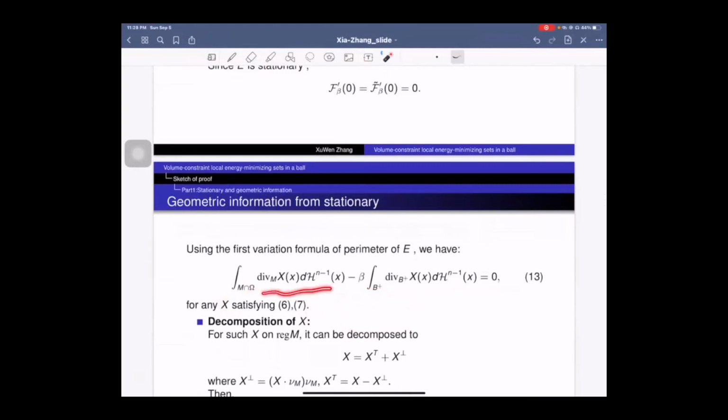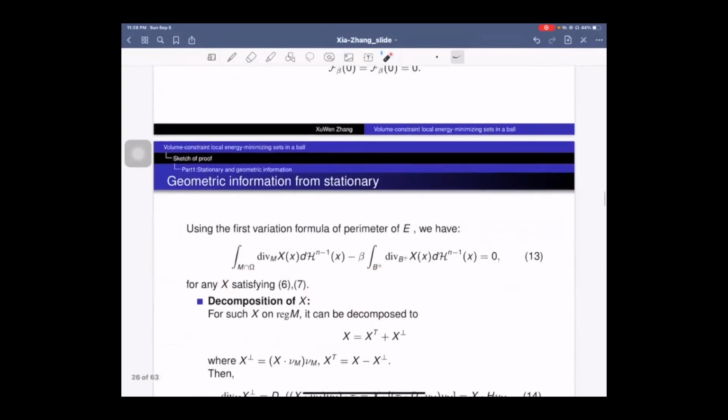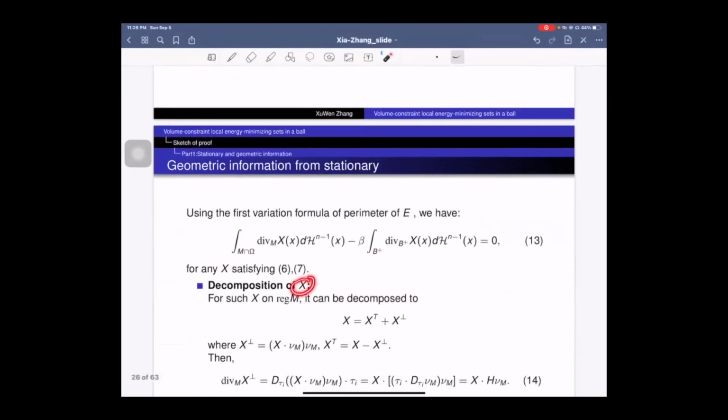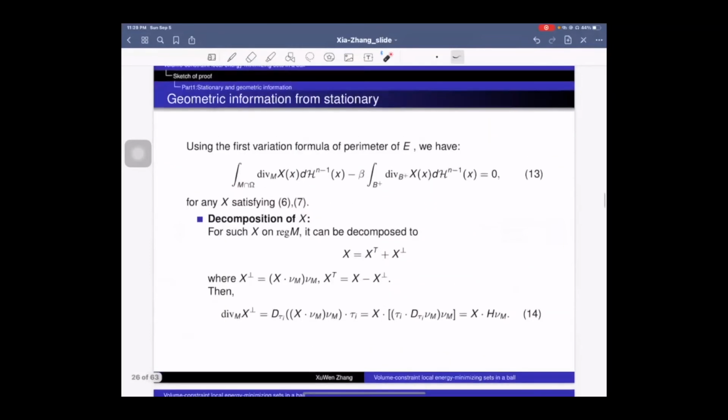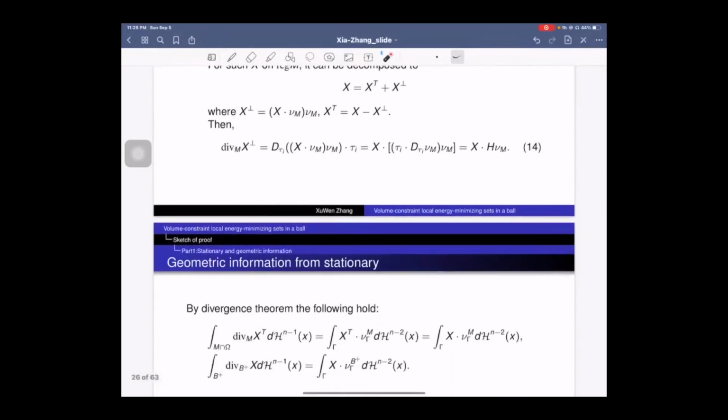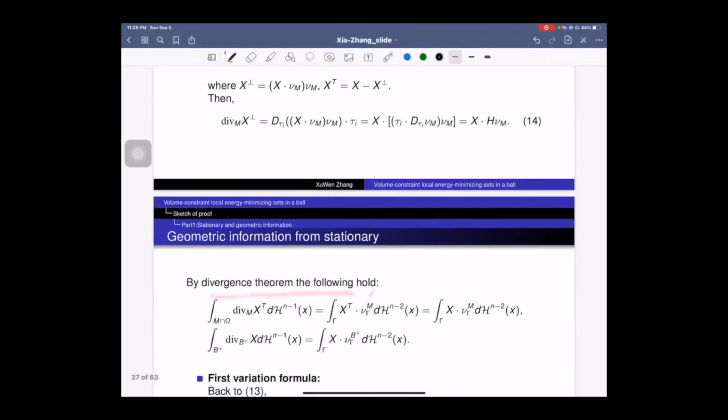And for such a formula, we have a standard approach. We will always decompose X into the tangential part with respect to M, and the normal part with respect to M. And for the normal part, the tangential divergence of the normal part will give us the mean curvature. And for the tangential part, we can use the divergence theorem.